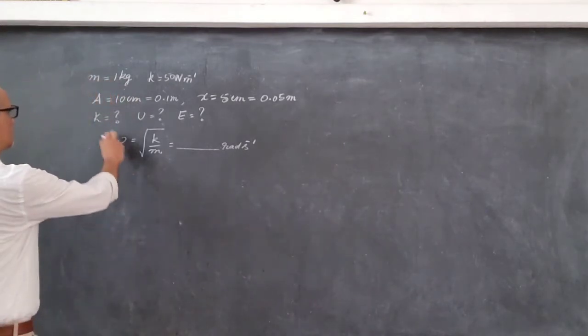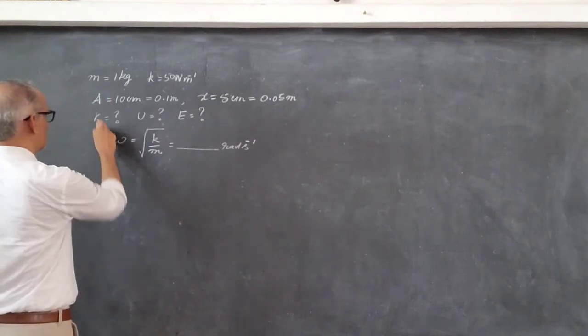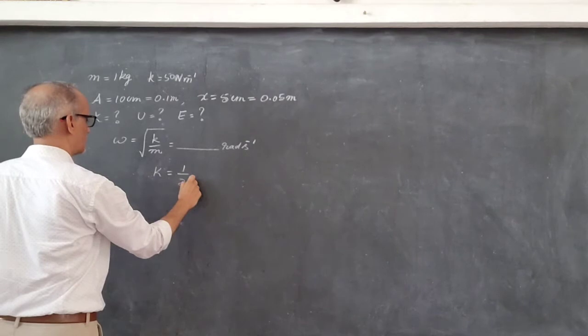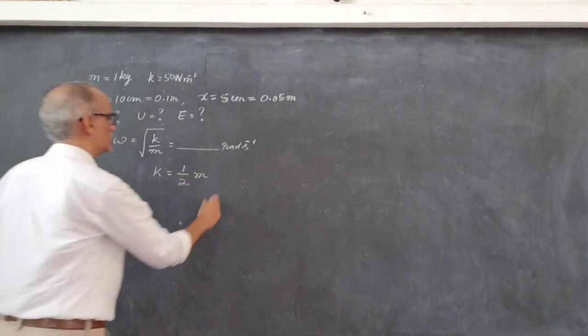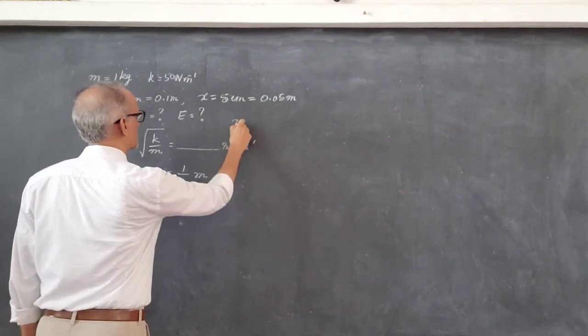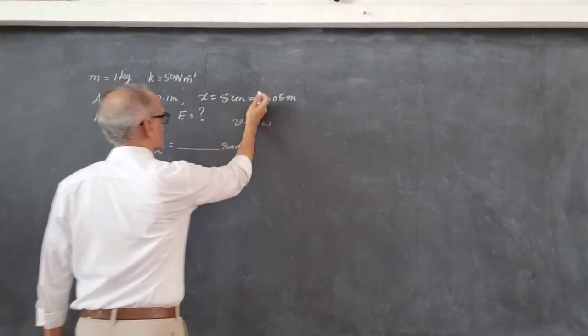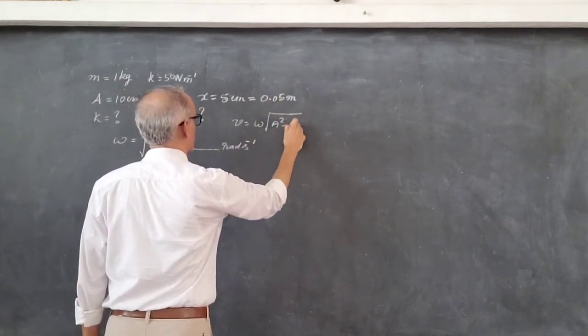So, now we need to find the value of K in terms of x. The expression for K is half m and then square of the velocity, where velocity is given by A omega, that is, in terms of x, omega into root of A square minus x square.